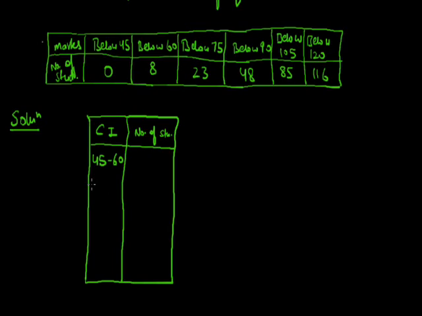So we would take the class from 0 to 45, but in that case our class size will differ. That's okay. Sometimes the class size may differ.